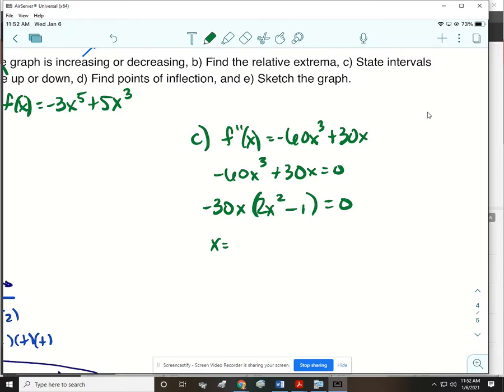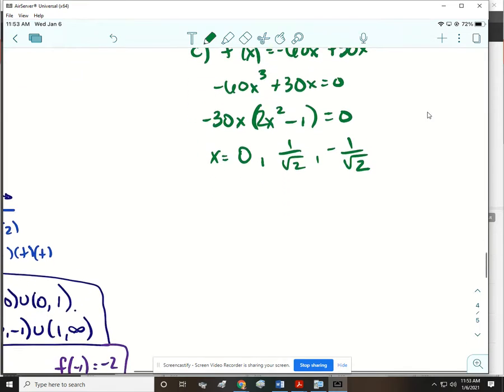So that's going to give us two critical numbers: 0, and then the square root of 1/2 and the negative square root of 1/2. All right.